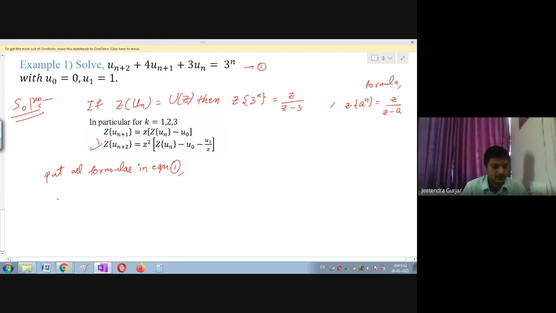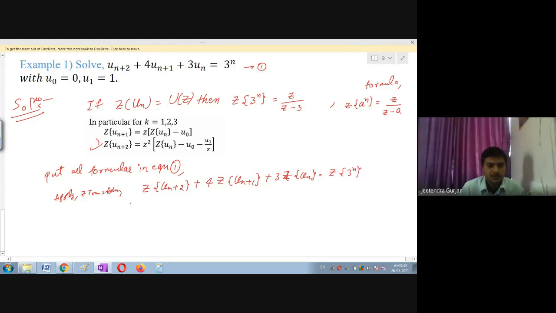So I'll just apply Z transform here and substitute this value. This is Z of u(n+2) plus 4 Z of u(n+1) plus 3 Z of u(n) is equal to Z of 3 raised to n.